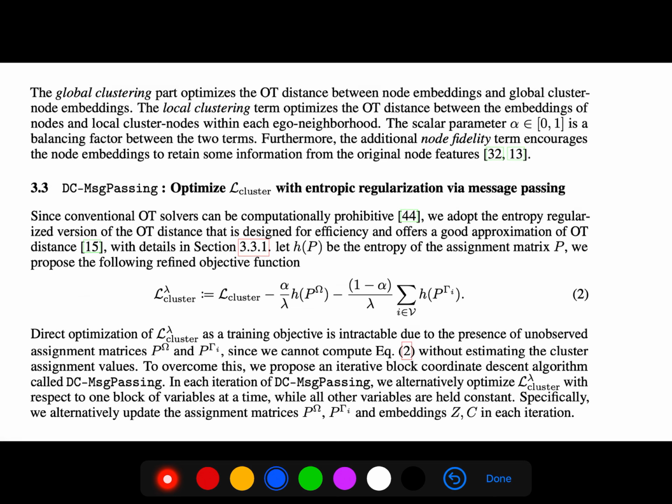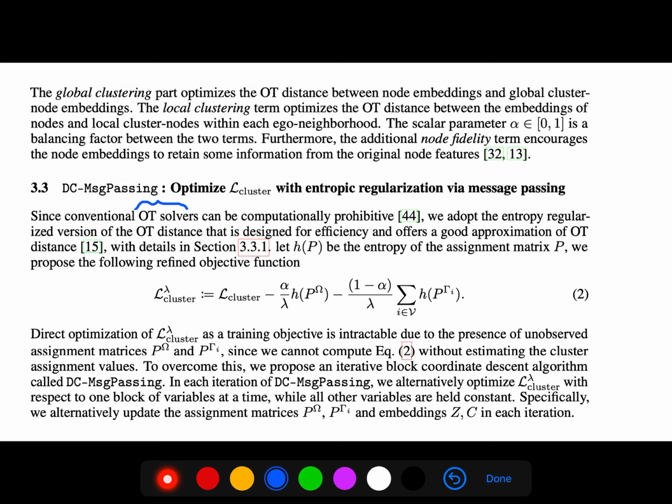The global clustering part optimizes the optimal transport between node embeddings and global clusters. The local clustering terms optimize the optimal transport between the embeddings of nodes and local clusters within each ego neighborhood. Since conventional optimal transport solvers can be computationally prohibitive, we adopt the entropy regularized version of that.